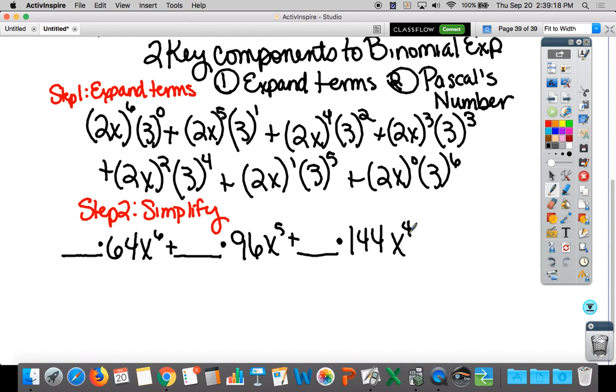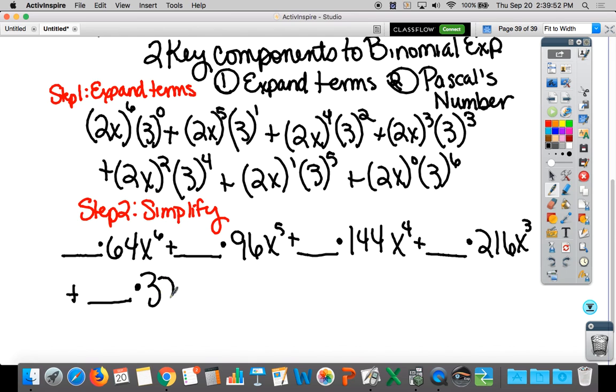You can see you can't get in a hurry on this. Now this is 2 to the 3rd times 3 to the 3rd. That's x to the 3rd. Plus, draw your line. I'm going to show you what the line's for in a little bit. 2 to the 2nd times 3 to the 4th. Okay.